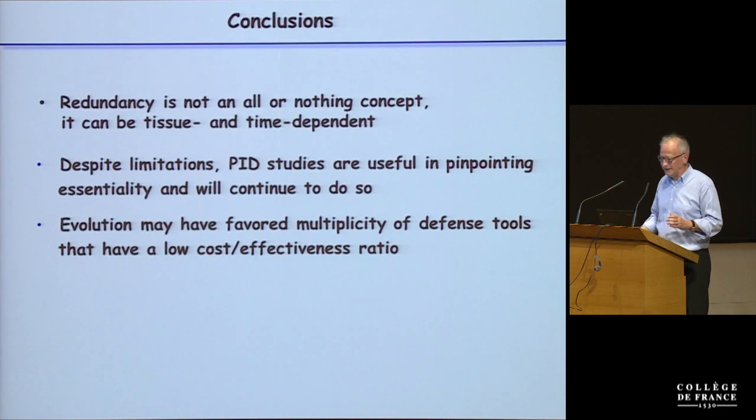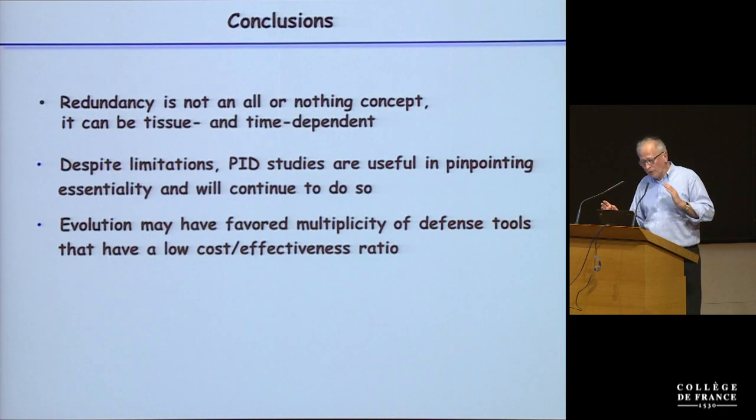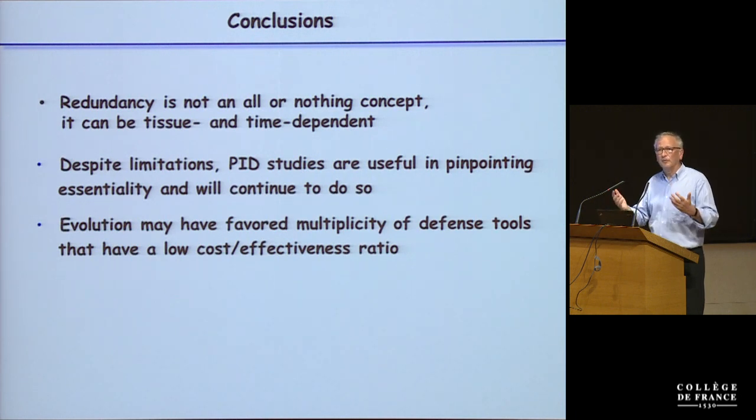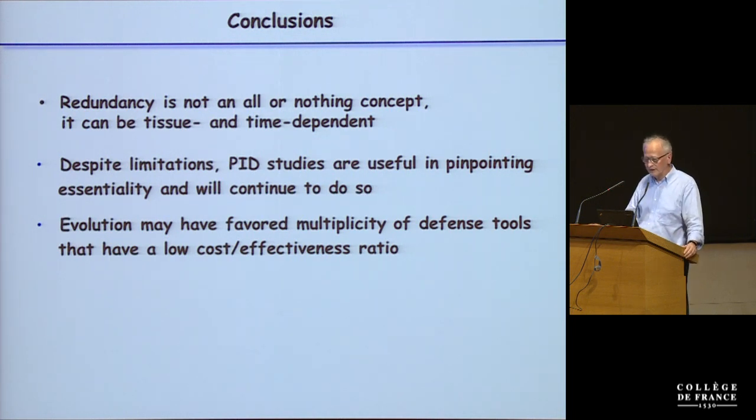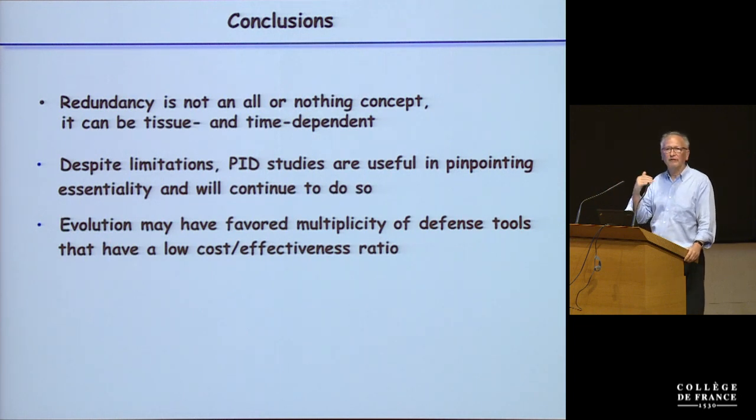So I will finish here just to propose that there is some redundancy in the human immune system, at least as studied in the context of the Western world. This should not be forgotten. But in any case, it's not an all-or-nothing concept. It's also tissue and time-dependent.